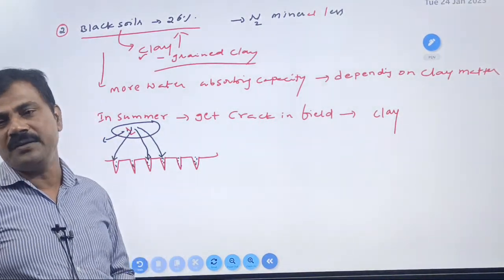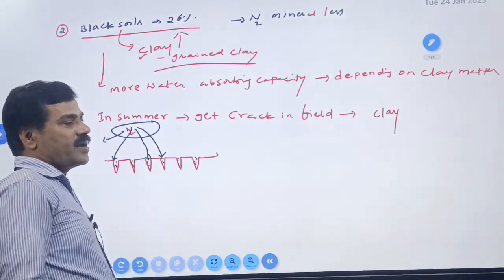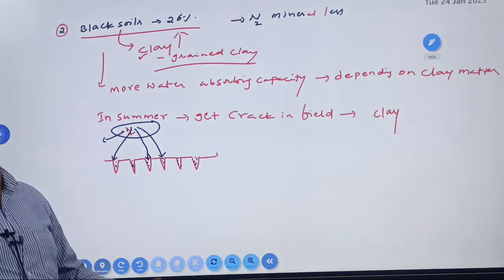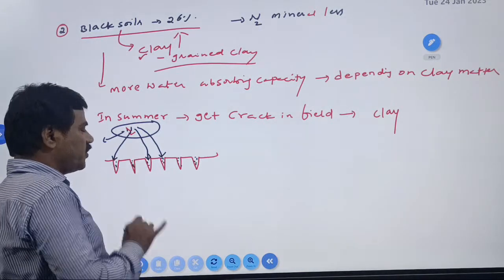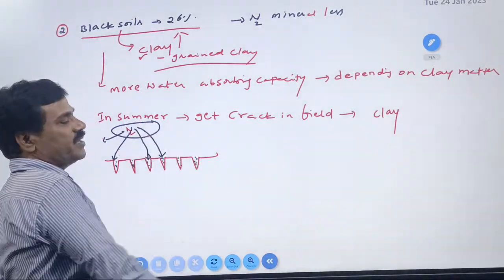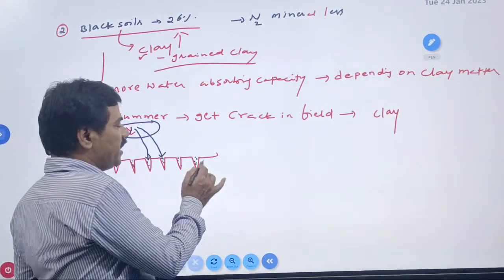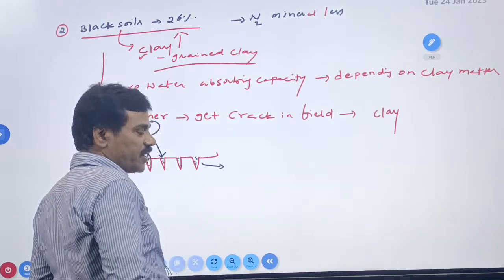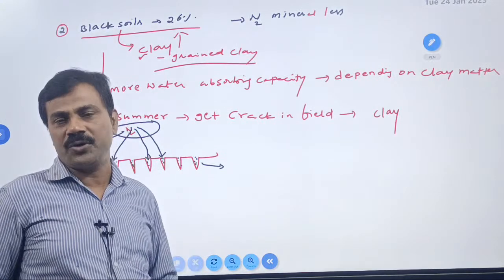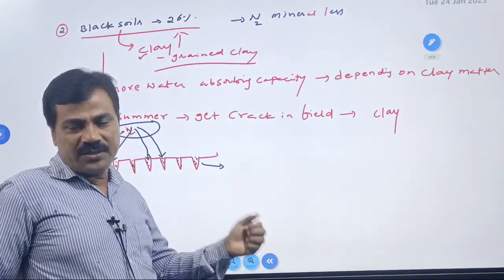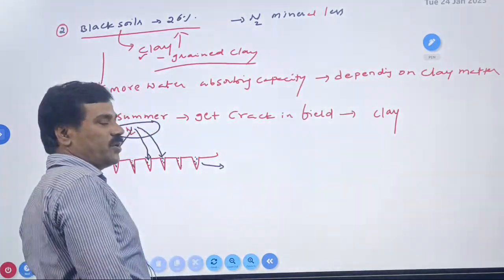The wind enters the soil cracks, so nitrogen is naturally deposited from the atmosphere. These soils are not required to be given nitrogen fertilizer. So this is very, very important.